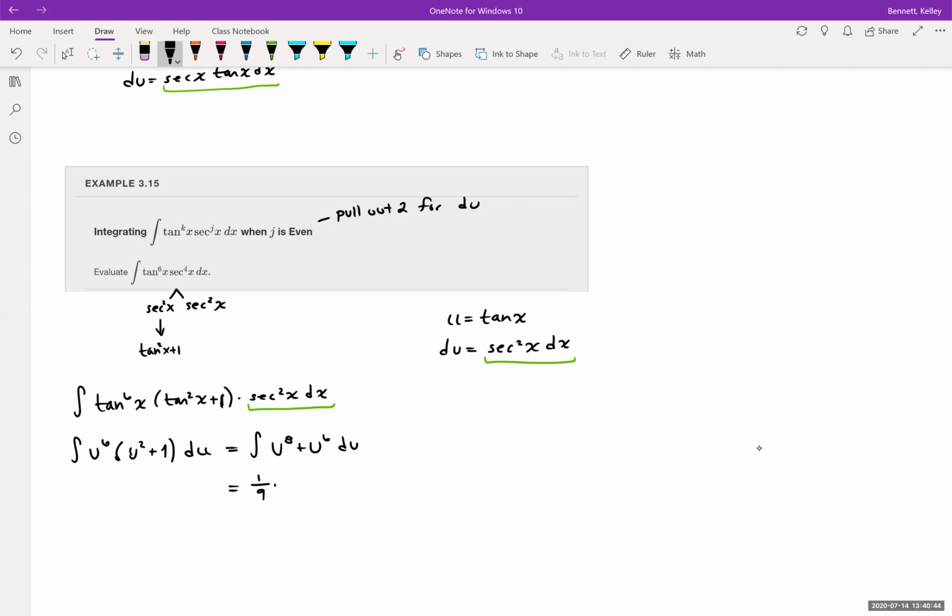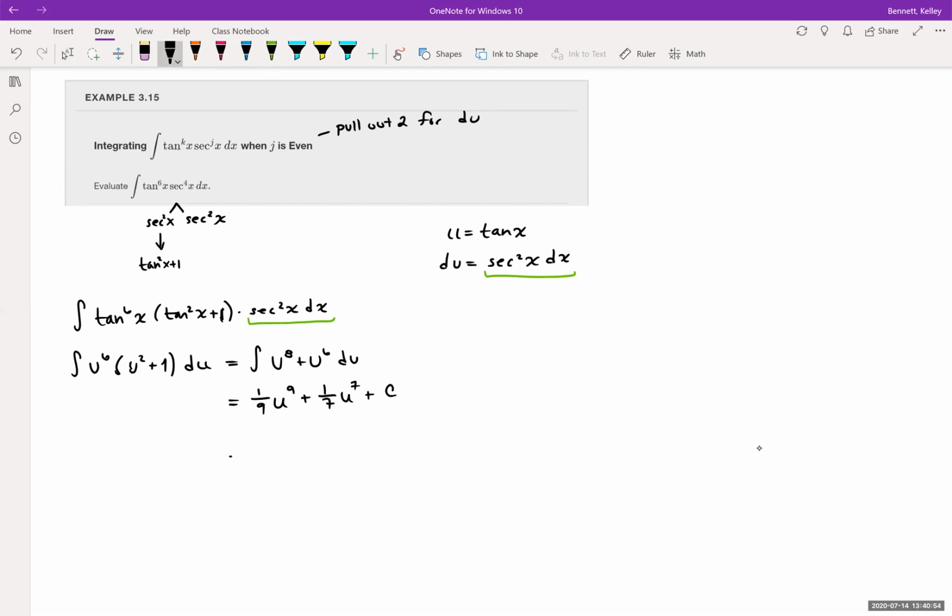So 1/9 u to the 9th plus 1/7 u to the 7th plus c, and then we just need to back sub for tan. So I get 1/9 tan to the 9 plus 1/7 tan to the 7 plus c. So that's the idea.